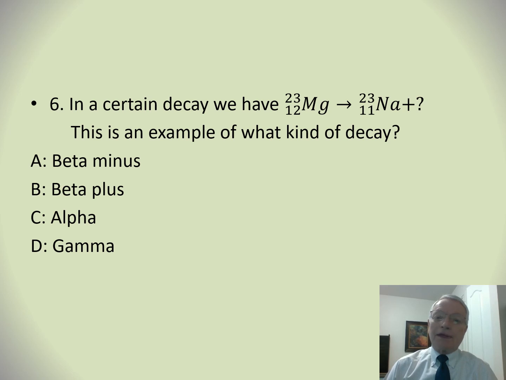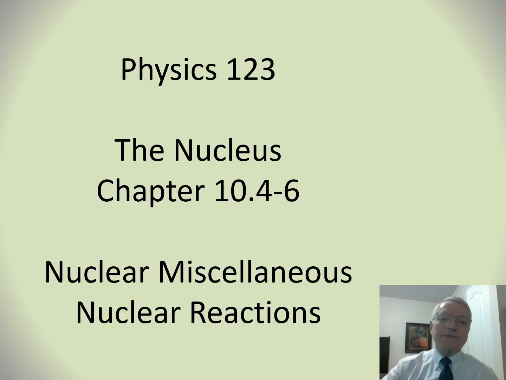But 12 to 11 on the bottom means that a proton disappeared from inside the nucleus. Can't really disappear. Its mass is still there because 23 went to 23. So what happened was the positive charge of the proton left the nucleus, and that means a positive charge had to come out, and that's the positron, and so this is beta plus.